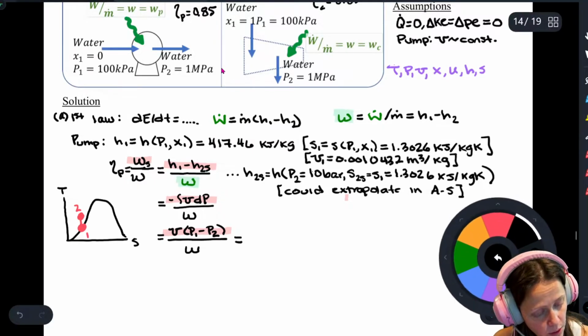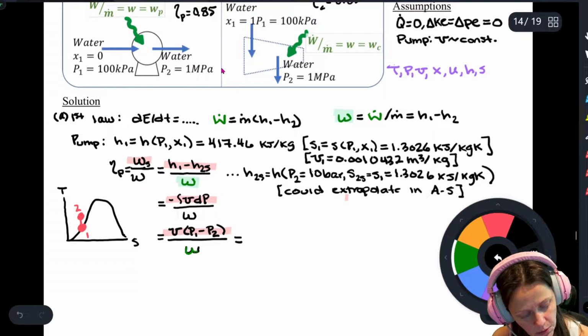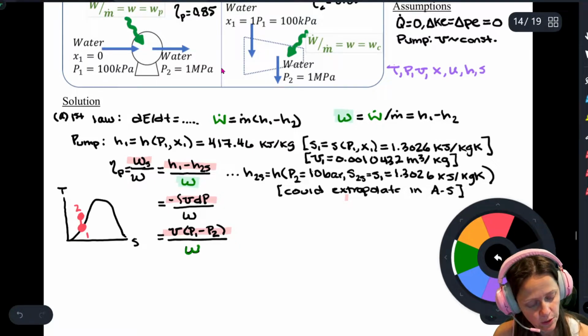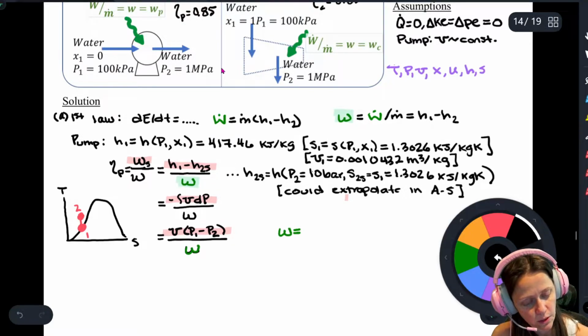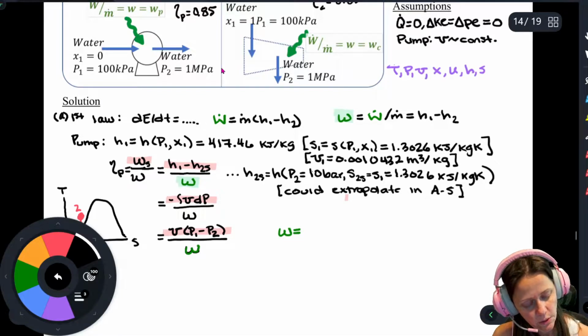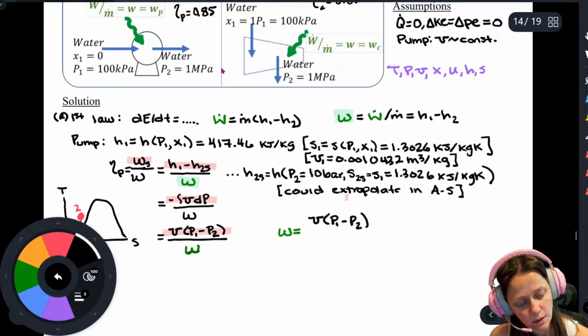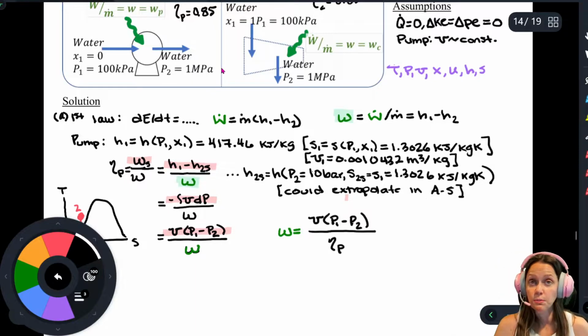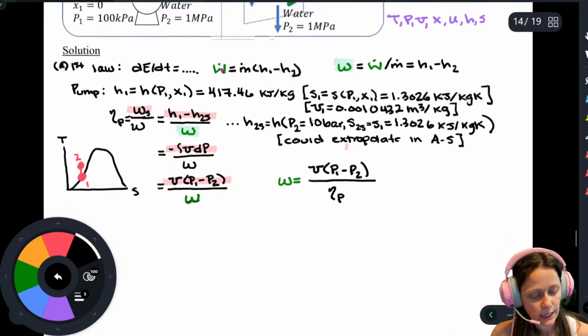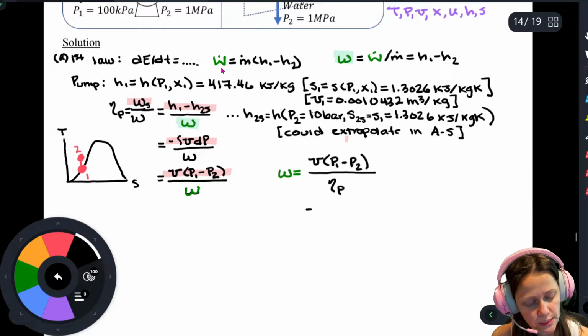So this is what I'm looking for. I think what I'll do is I'll just rearrange this and get an expression for that work. So it's going to be VdP, P1 minus P2, divided by that isentropic efficiency of 0.5. You're going to have to watch your units here.